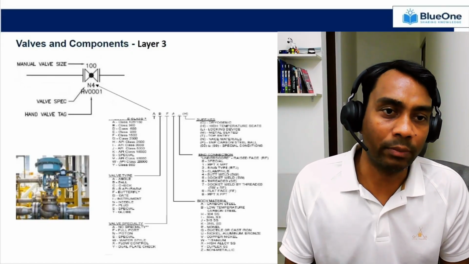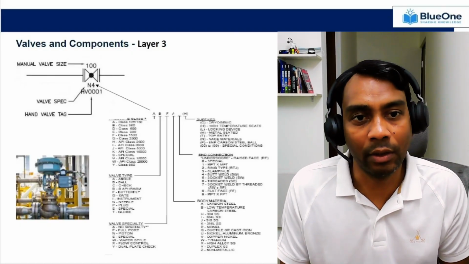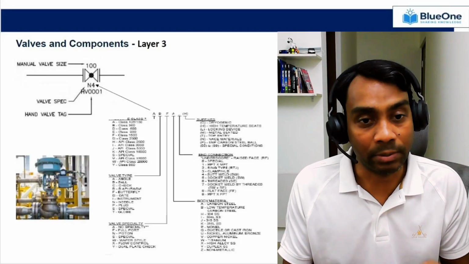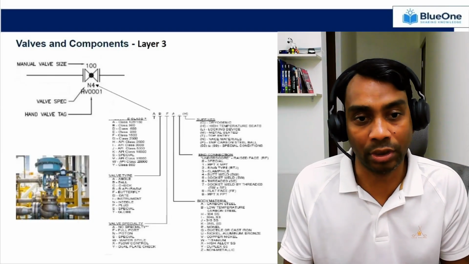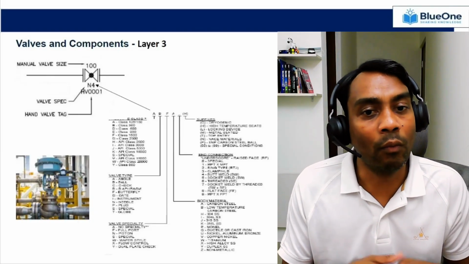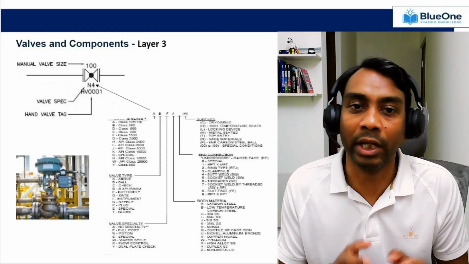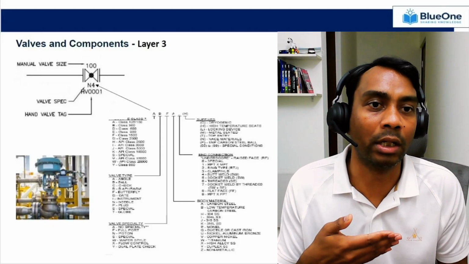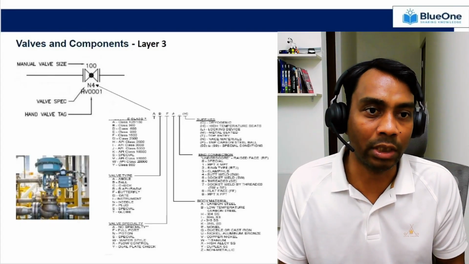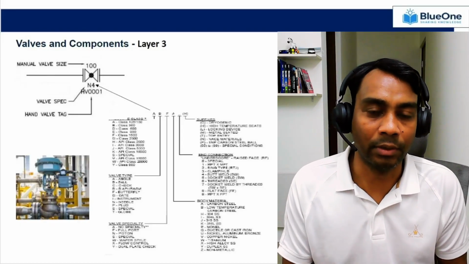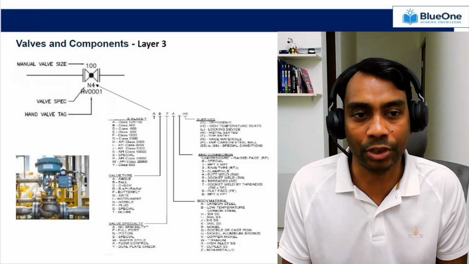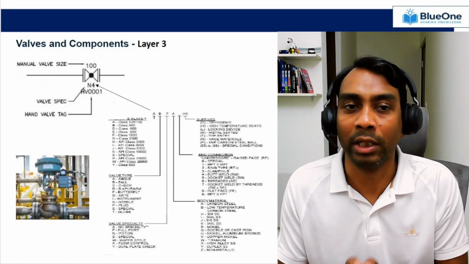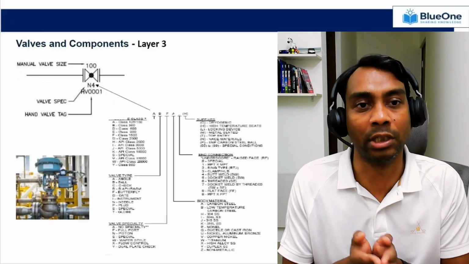If you refer to that particular valve spec, you can identify the class of valve, what type of valve it is, any specific requirement associated with this valve, the body materials and the end connection requirement. So by looking at one single image and then referring to the valve specification, you can get tons of information to understand the properties and characteristics of that particular valve. That's the power of the process and instrumentation diagram.